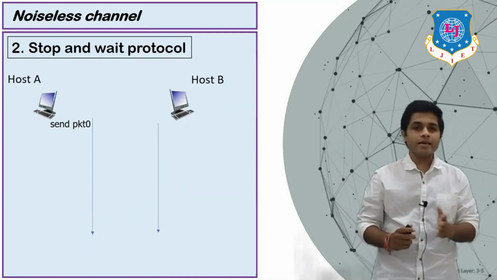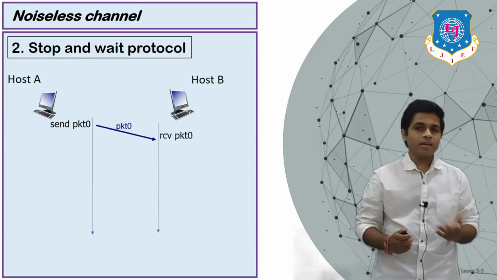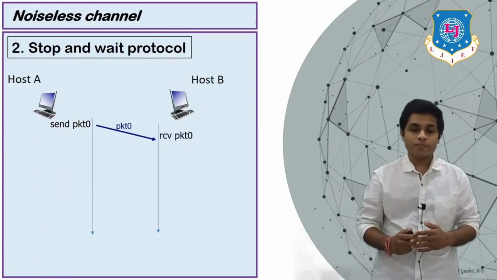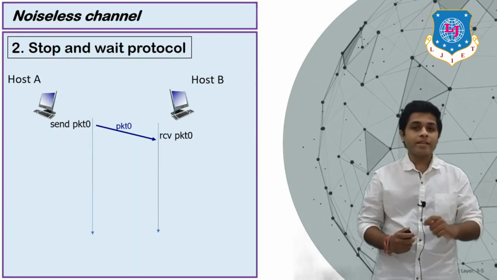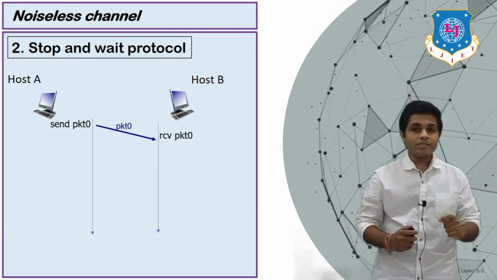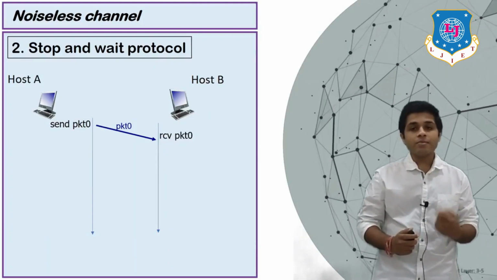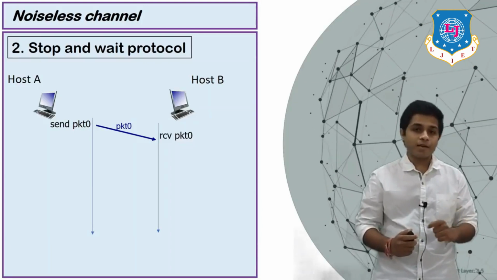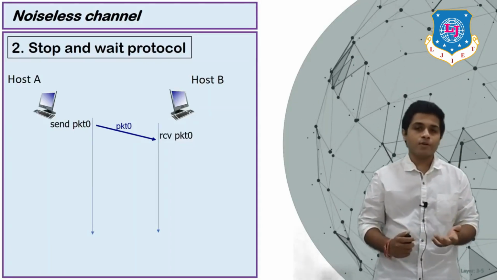Again, two devices A and B. A has sent the message packet 0 and B has received packet 0. Now the Stop and Wait Protocol is a bidirectional protocol. It means that after receiving the packet, the receiver will inform the sender that it has received the packet. And how will it inform? It will inform using an acknowledgement.